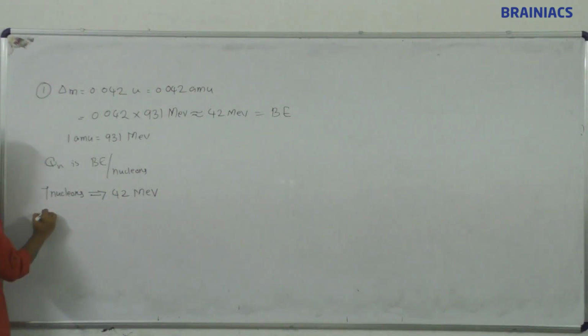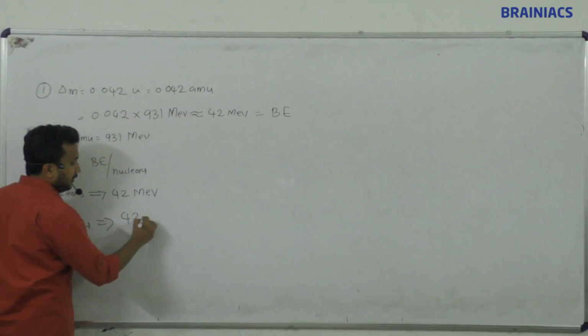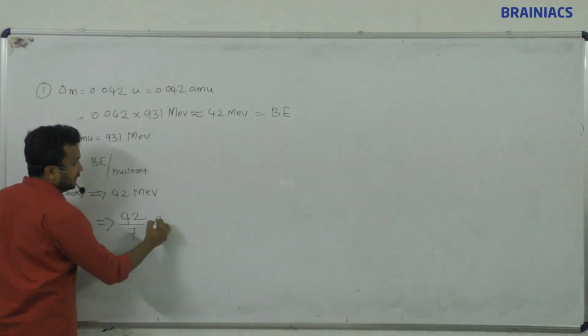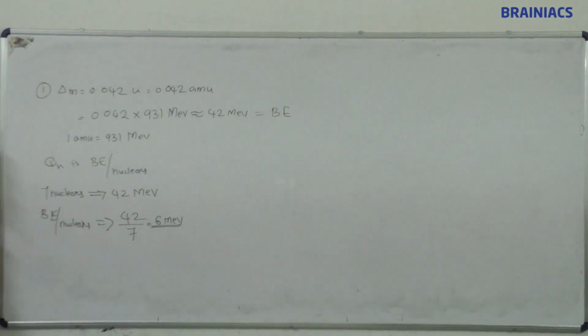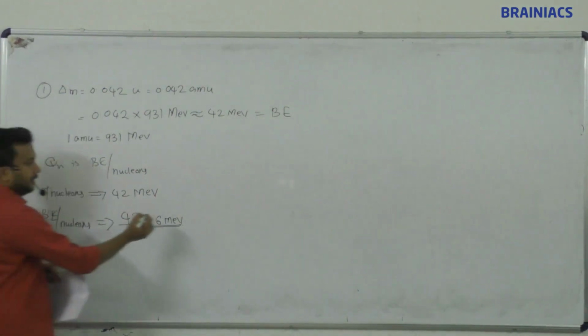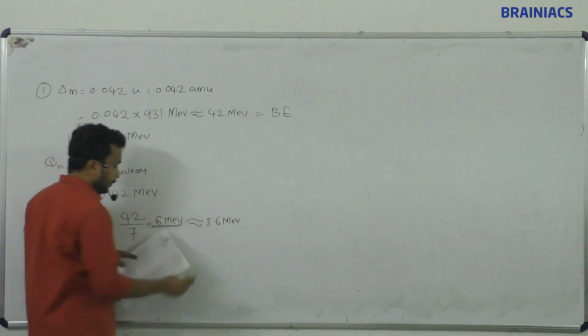For binding energy per nucleon, for one nucleon, it is 42 divided by 7, 6 mega electron volt. So the option is 5.6 mega electron volt.